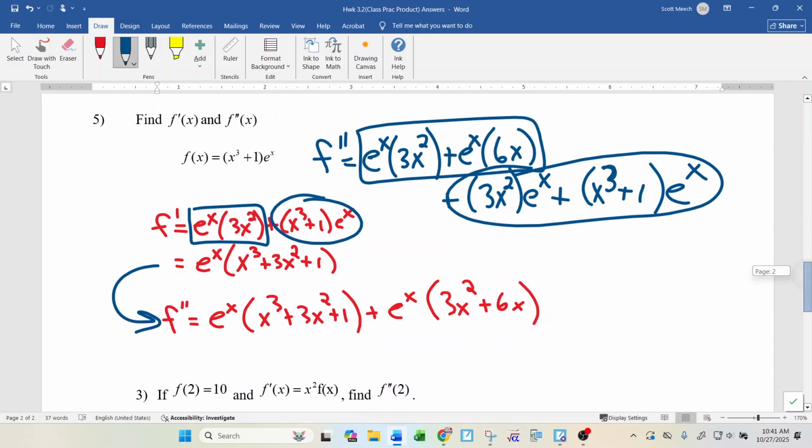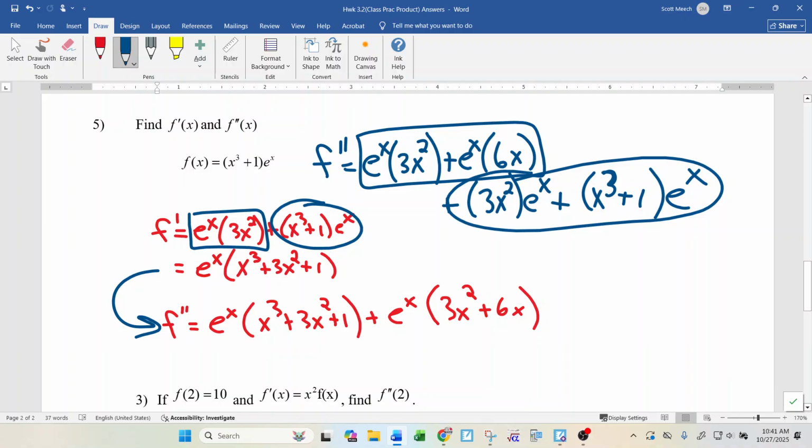All right, the last one. If f of 2 is 10 and f prime of x is x squared f of x, find f double prime of 2. So, first off, let me write something up here before I go down. If f of 2 is 10, what is f prime of 2? 0.